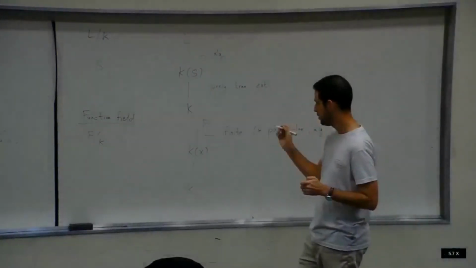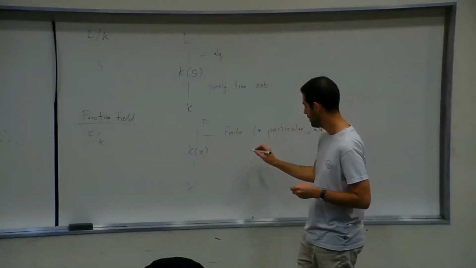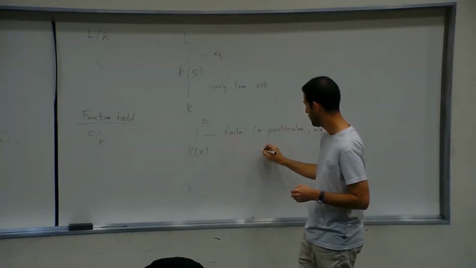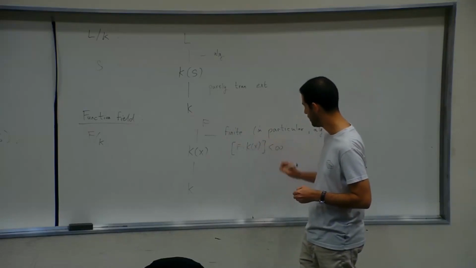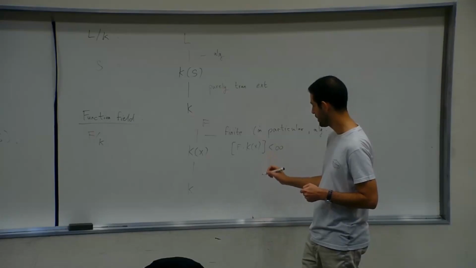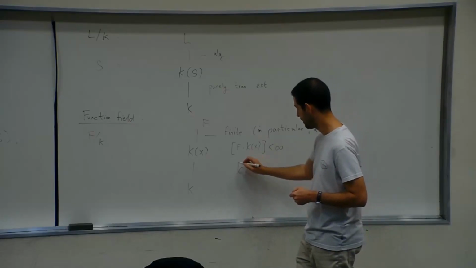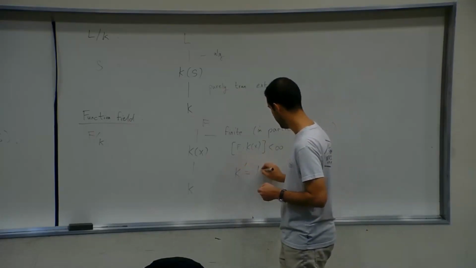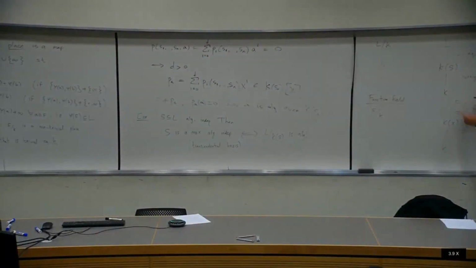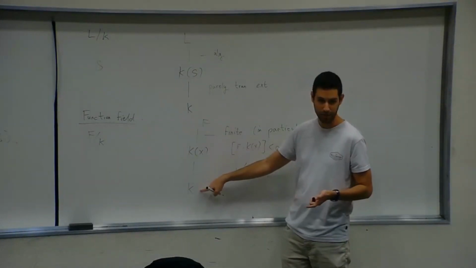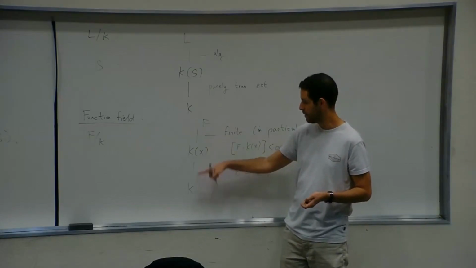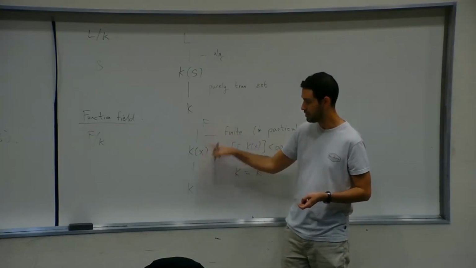So this was the condition that F over k(x) is finite. And we also insisted that k is the field of constants, all the elements in F which are algebraic over k are in k. So in other words, every element in F which is not in k is transcendental over k.